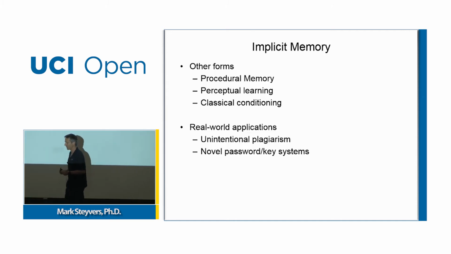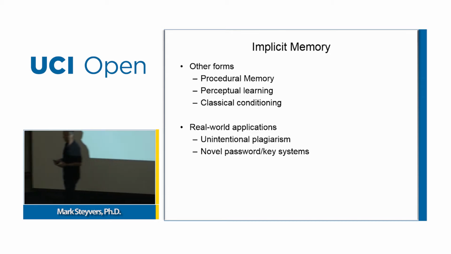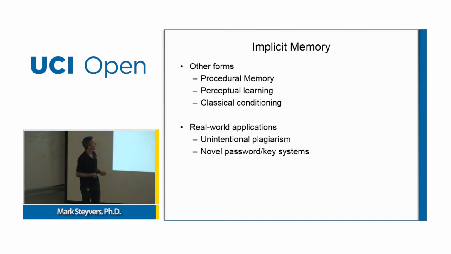You plagiarized." And George Harrison defended himself by saying, "Yeah, I probably heard that somewhere, but I didn't intentionally copy it." And the judge ruled against him. He said that unintentional plagiarism is still plagiarism, which is tricky. So you might not be aware that you're plagiarizing something.